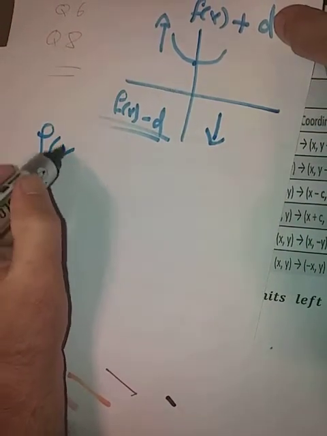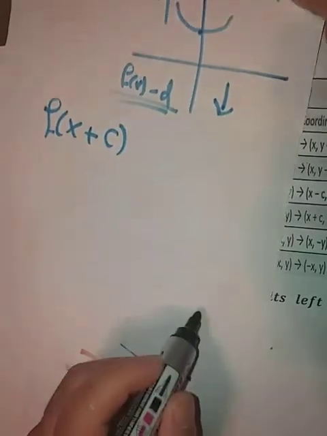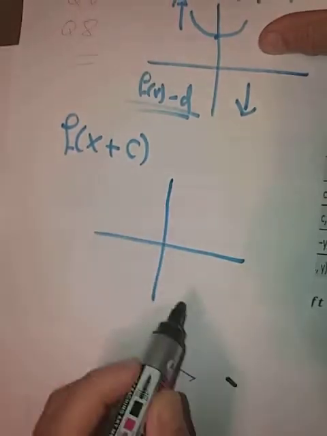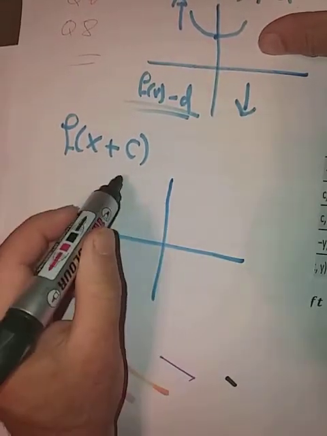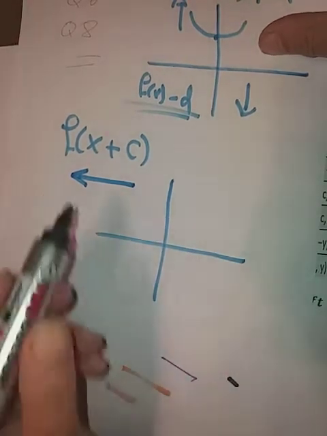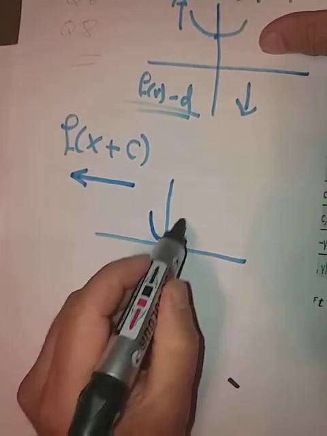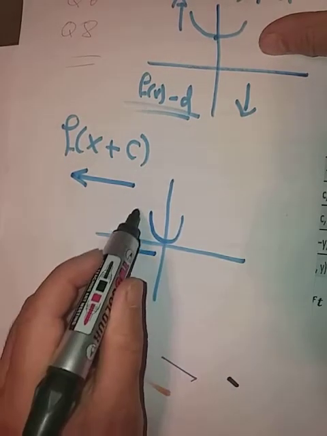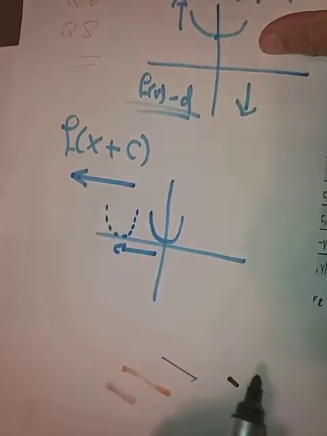We have f of x plus c. This means we go to the left. Plus we go to the left. If you have a parabola, then we go to the left, it will be like this one.